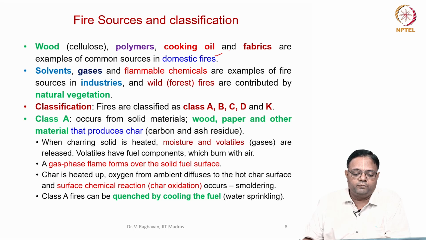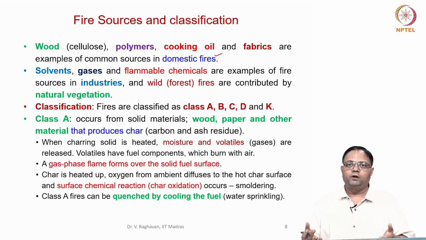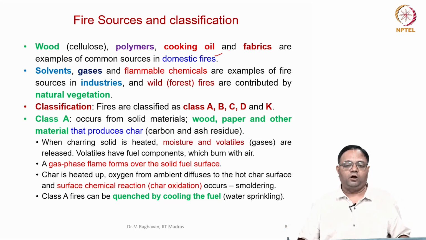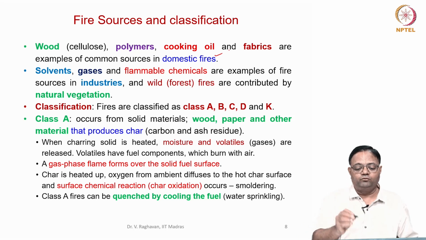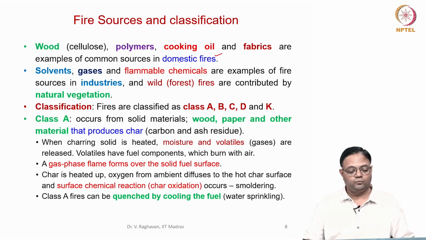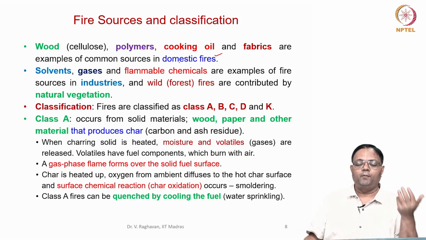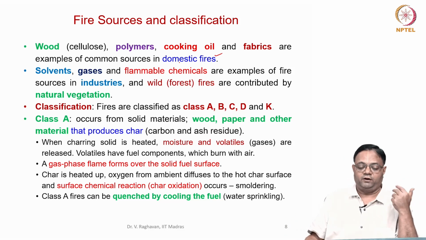See, a liquid monomer can be polymerized to take a polymer like PMA plastics basically. Then cooking oil, fabrics, cloths, etc. can be sources for domestic fires. Okay, in a home, these are the commodities which can cause fires.